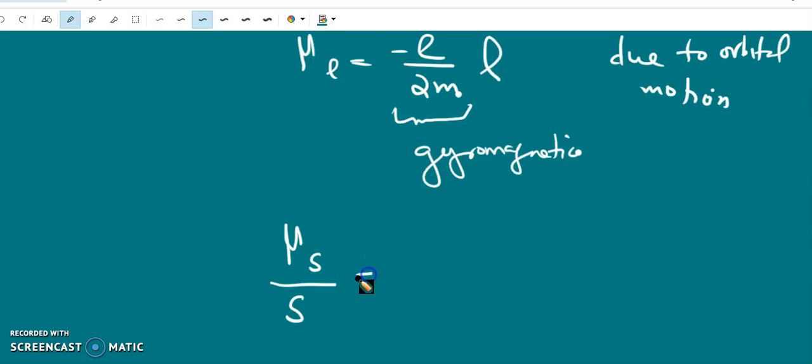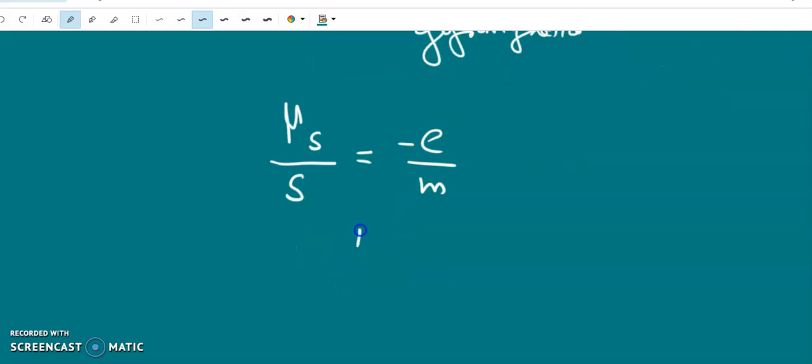So the gyromagnetic ratio for spin motion is approximately minus e by m only, double of minus e by 2m. So mu s, the magnetic moment due to spin, can be written as minus e by m into s. So we have a magnetic moment due to orbital motion, mu L, and a magnetic moment due to spin motion. This we have studied.